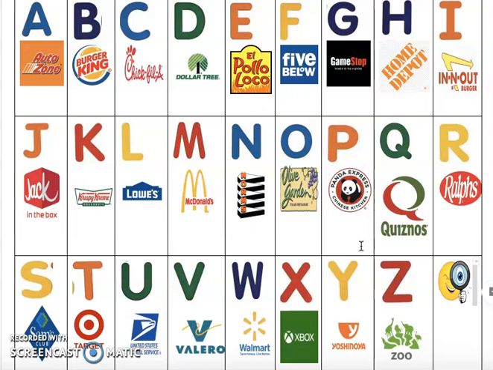Like I said, we would state the name of the logo or the restaurant or the store. We would say the letter's name and the letter sound. And then I would staple it in our bulletin board under the letter that it belongs to. For example, Panda Express, I would put it under the letter P.